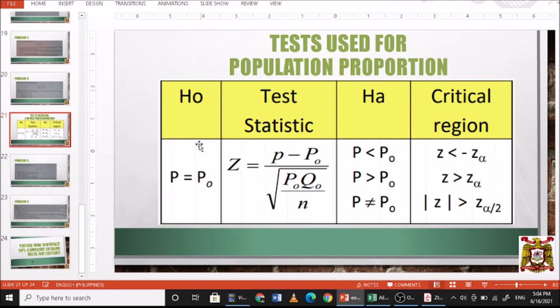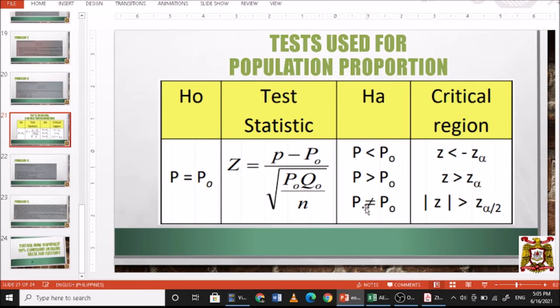Your H0, or null hypothesis, is that the population proportion is equal to the hypothesized proportion. The test statistic is Z equals P minus P sub 0, divided by the square root of P sub 0 times Q sub 0 divided by n, where Q sub 0 is equal to 1 minus P sub 0.